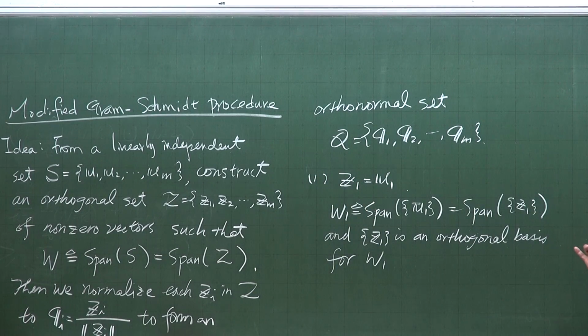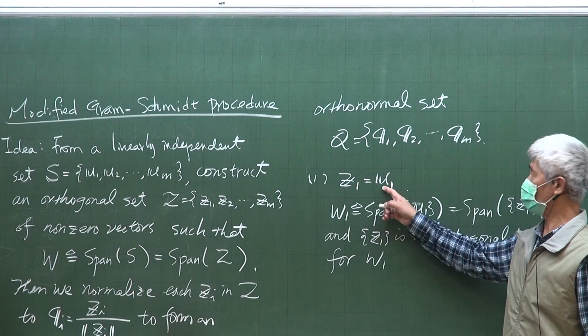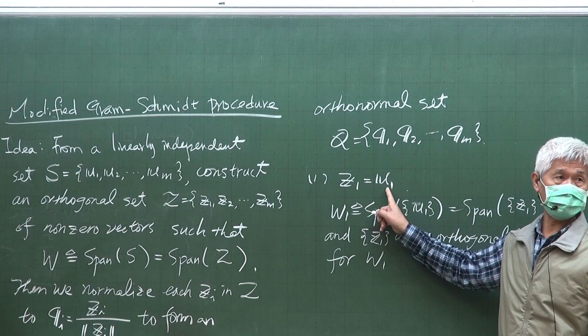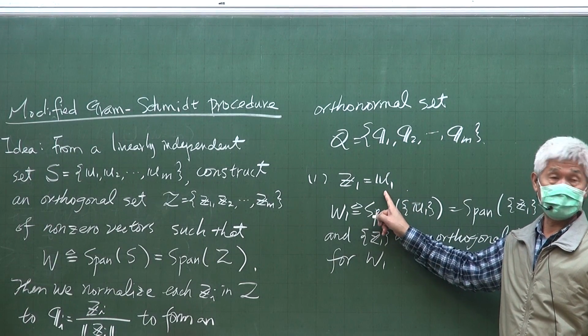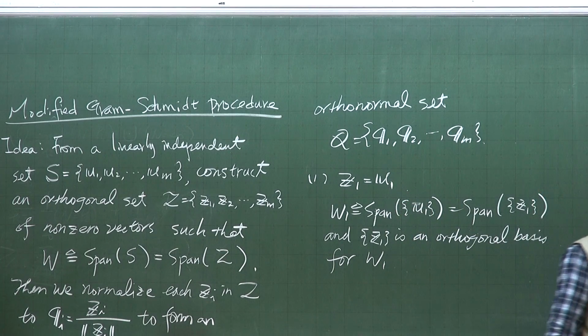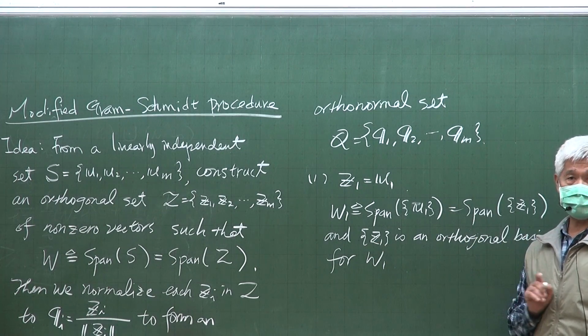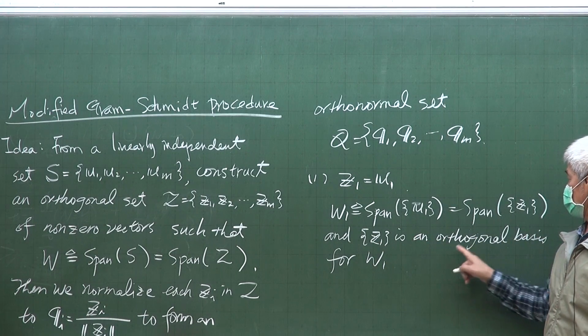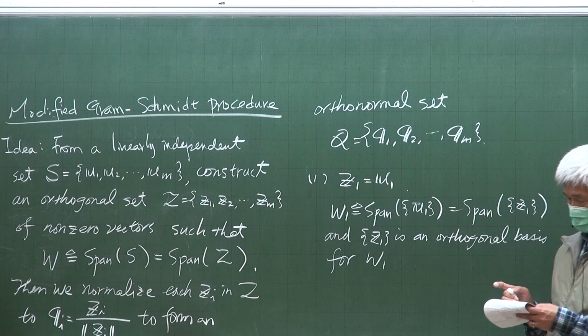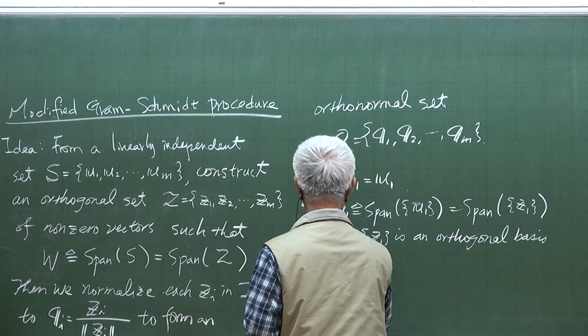Okay, so that's easy. So the first step is as before, except the normalization, because we do not do the normalization here, because U1 may not be a unit vector. So this singleton is an orthogonal basis for W1.